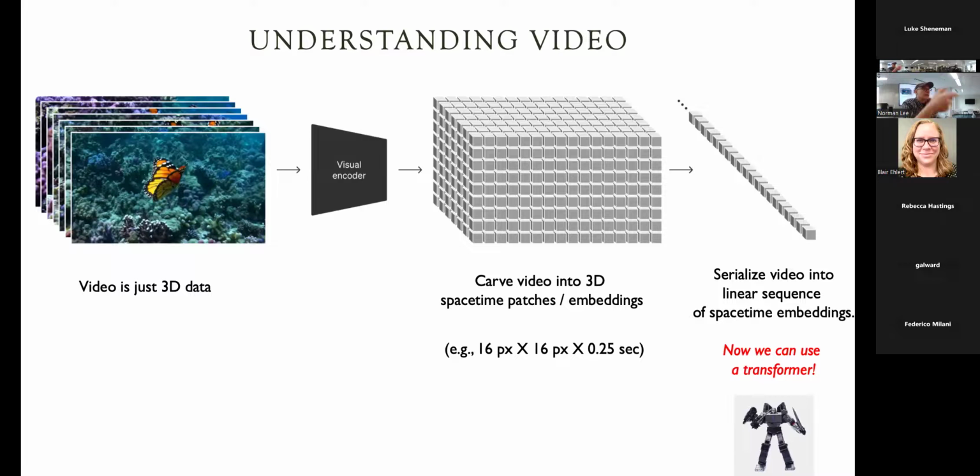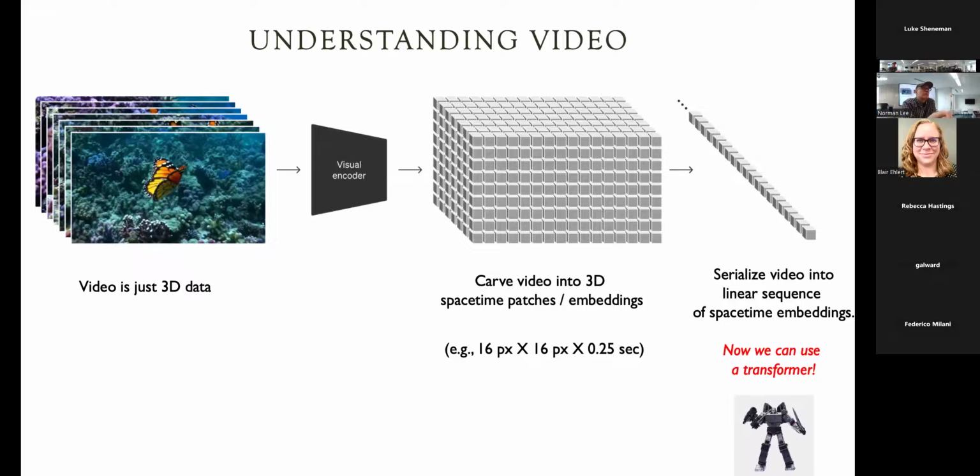Now you have time too. And so we call them space-time patches. A space-time patch might be 16 pixels by 16 pixels by, say, a quarter of a second, right? So you have a space-time patch of data. You take your video, you encode it into a series of space-time patches. You serialize it, and you do the same sort of linear projection to create an embedding for that.